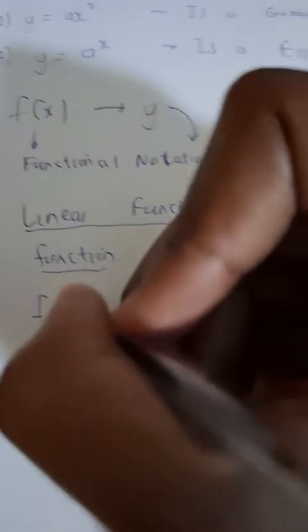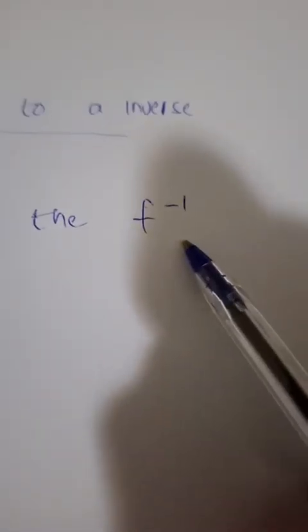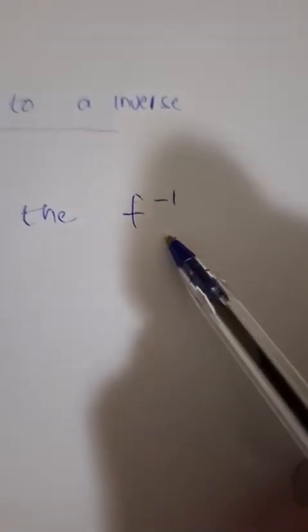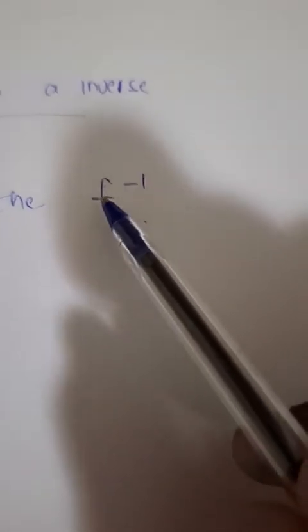Okay, so let's say we are given the function f of x is equal to 2x plus 1, and they say to us determine the inverse. Now this is the notation that we use to signify the inverse of a function. So basically f, and this f has an exponent of -1.